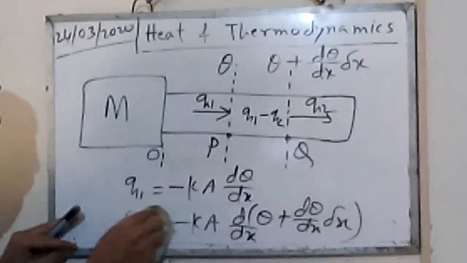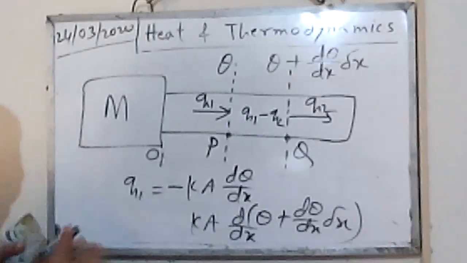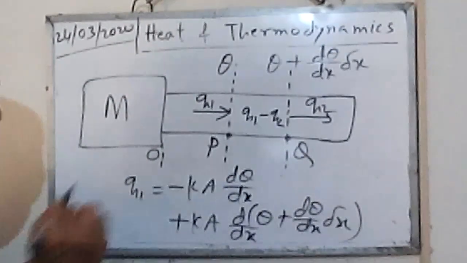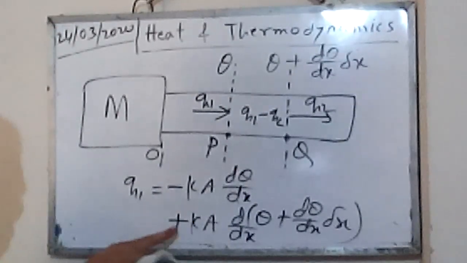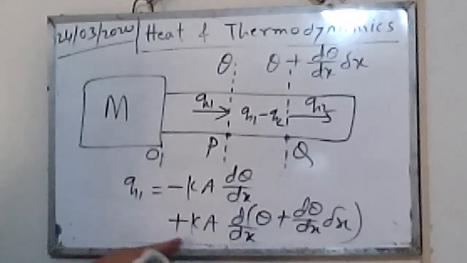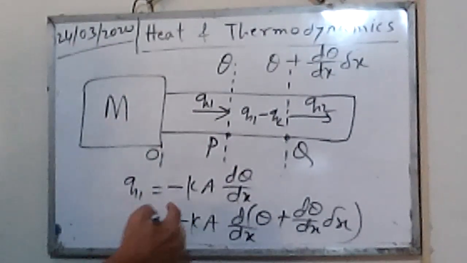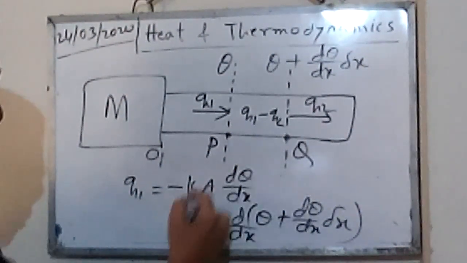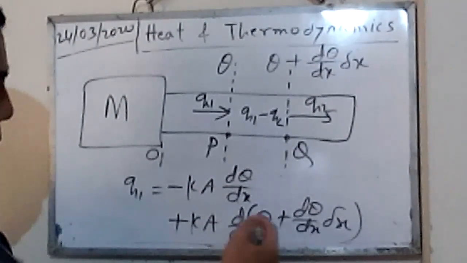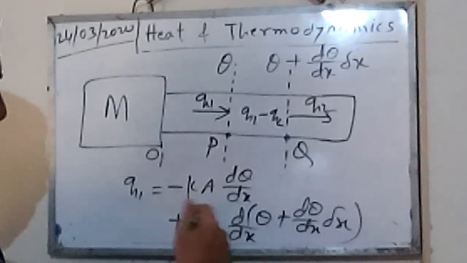So this one minus this one, minus plus. Now just simplifying, cancel where it may be cancelled.